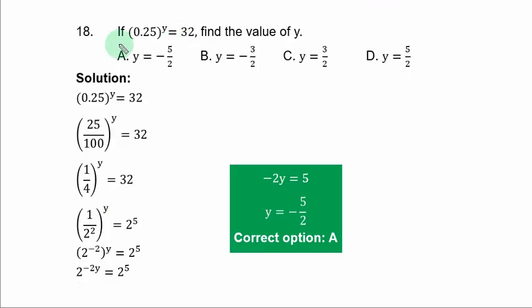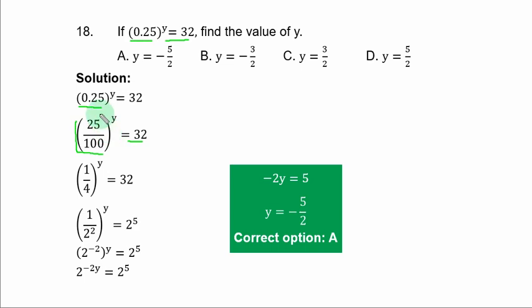Question 18. If 0.25 to the power y is equal to 32, find the value of y. What you have here is an exponential equation, so let us deal with it as such. First, let us convert this decimal fraction to a common fraction, and you have 25 over 100 to the power of y equal to 32.